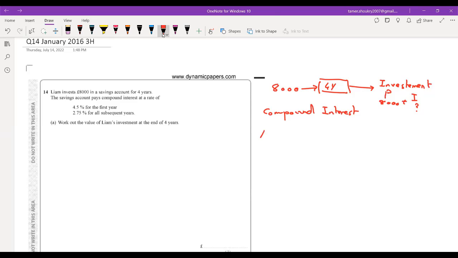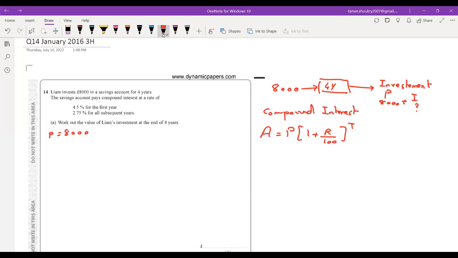So the law of compound interest says that the investment, which is the total amount, is the principal multiplied by 1 plus the rate over 100, all to the power of the total number of years that she invested. The problem here is that we have P equal to 8,000.